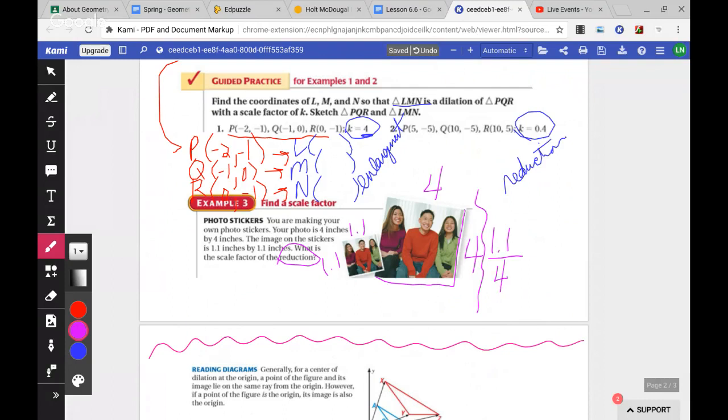You want to make sure you don't leave a decimal in a fraction. So the quickest way to get rid of it is multiply both the top and the bottom by 10. So 11 over 40 would be your scale factor. The reason it's not 4 on top is because it's a reduction, smaller than 1.